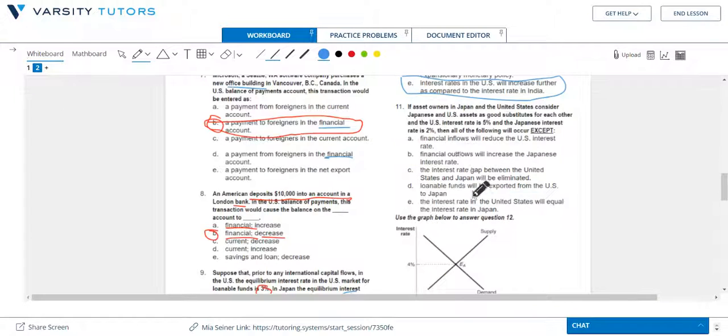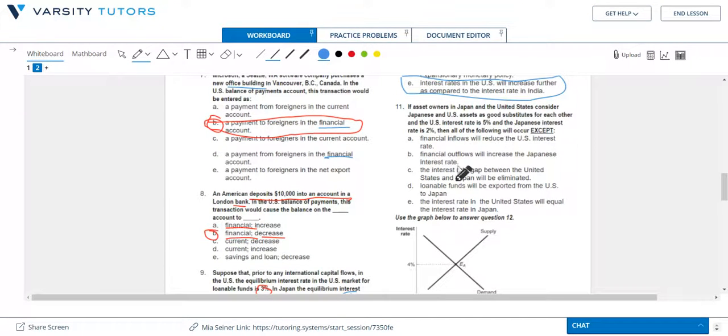If asset owners in Japan and the United States consider themselves substitutes, meaning you can freely trade, it's just another one of those assumptions, and the US interest rate is 5% and the Japanese interest rate is 2%, then all of the following things will occur except, and hopefully they will all make sense. The financial inflows will reduce the United States interest rates because everyone's trying to put their money in the United States.